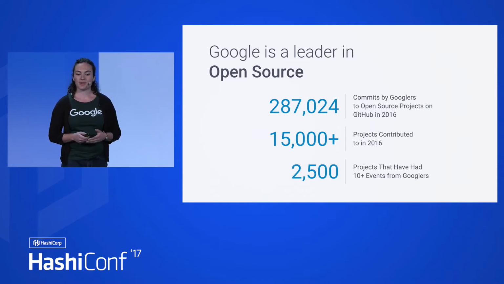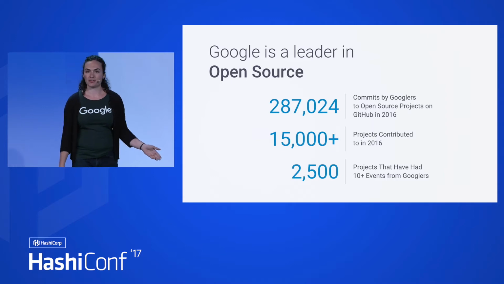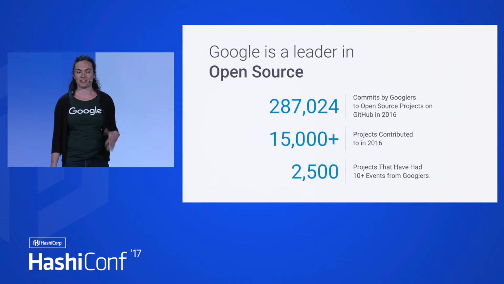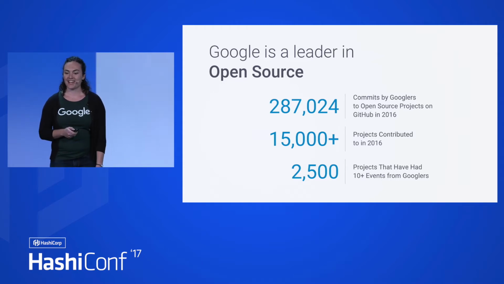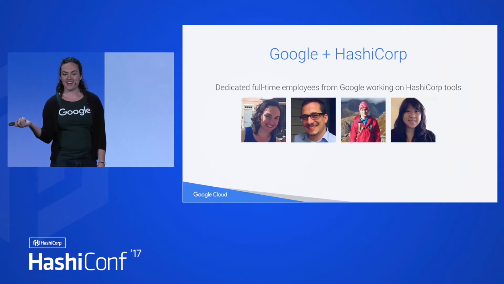So we've had over 200,000 commits by Googlers on open source projects, 15,000 projects contributed to, and 2,500 projects that have had at least 10 events from Googlers. So these are projects that Googlers are actively contributing to. That's over 2,500 of them. That's astounding.